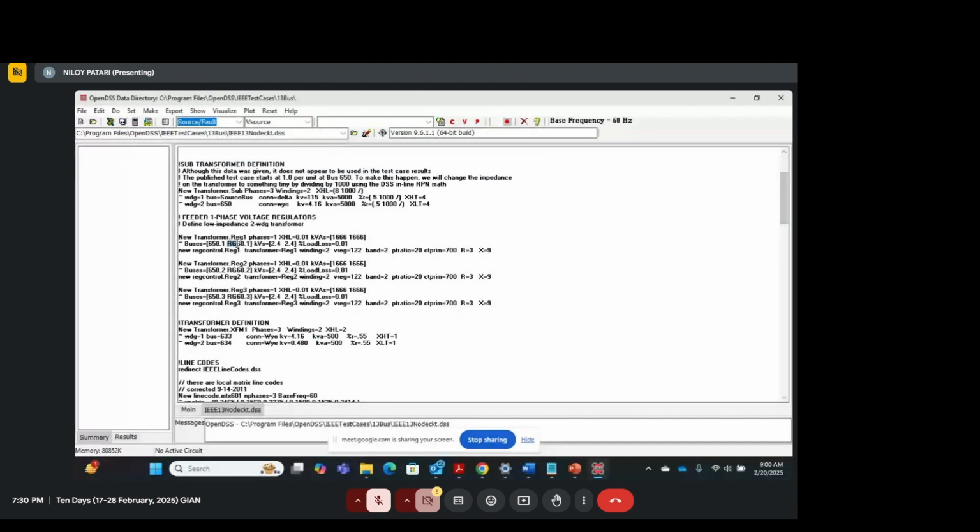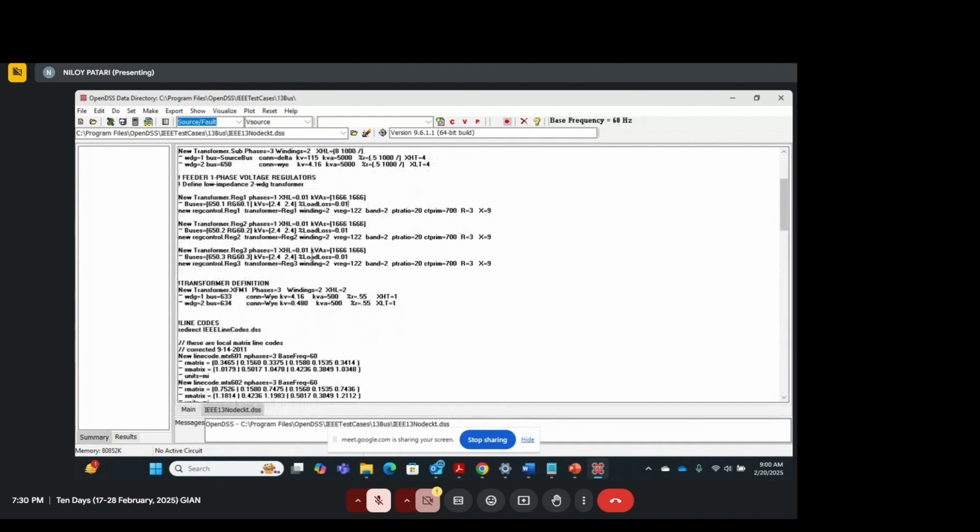So from 650 to RG60, you have this regulator 1. 650.1 is phase A, 650.2 is phase B, and 650.3 is phase C. Each of these phases is connected by a regulator, and it also shows the CT PT ratio, regulation voltage, load loss, and all of these things are defined.